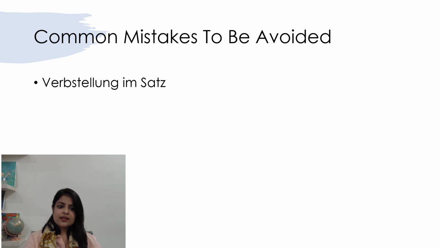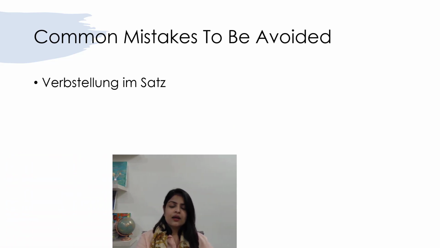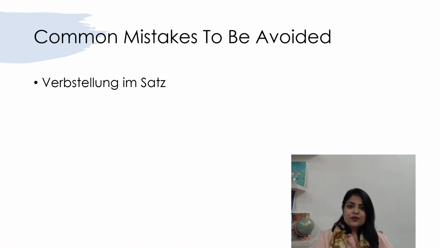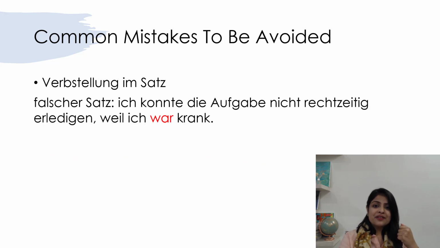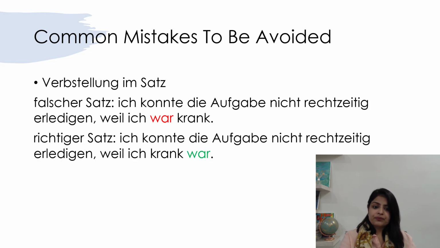Now, the next one is Verbstellung im Satz. I am absolutely taken aback when B1 or B2 candidates make this mistake. For example, ich konnte die Aufgabe nicht rechtzeitig erledigen, weil ich war krank. A B1 or B2 candidate is not supposed to make such a silly mistake.